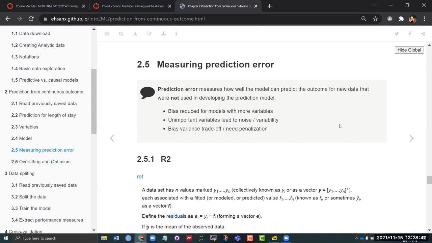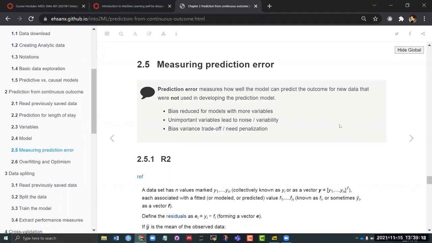Because you are putting in more information to predict your outcome. But the problem begins when you start adding unimportant or noisy variables that had nothing to do with the prediction of your outcome, right? The more of these noisy variables that you add, the more the predictions will not be as good, right?